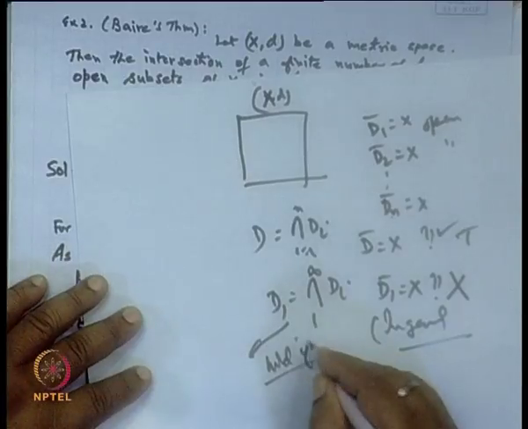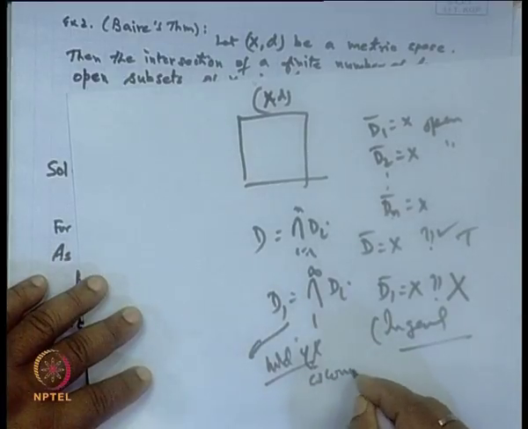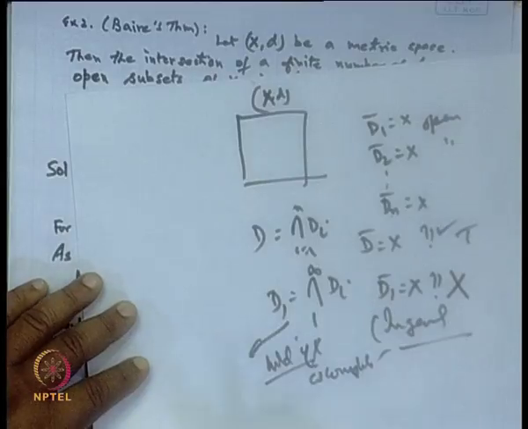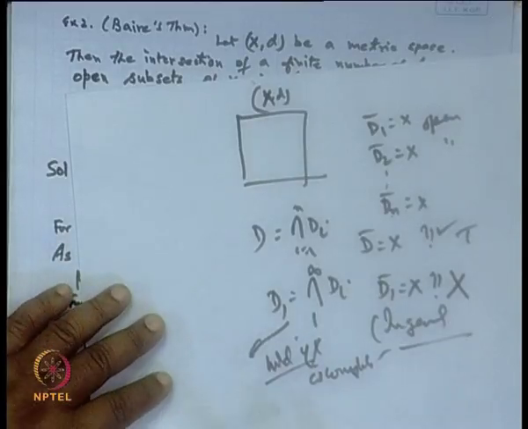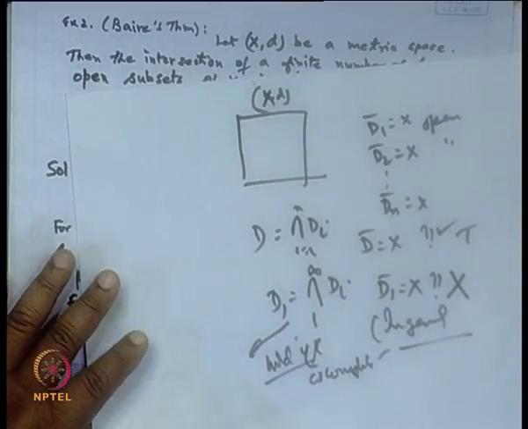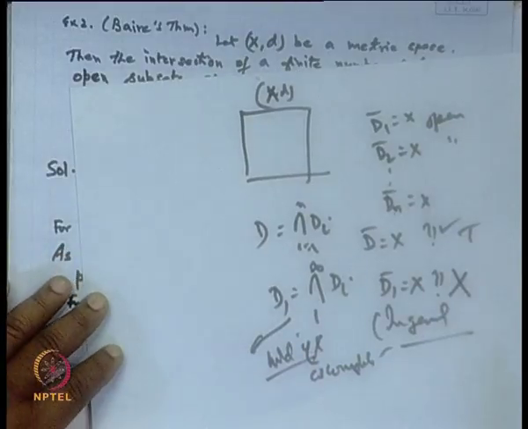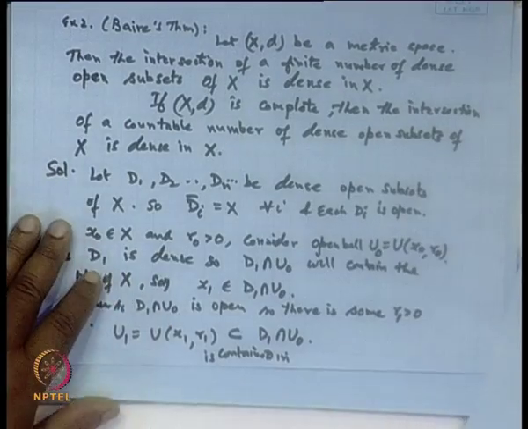That is a very interesting result, in the sense that one can without any hitch take a sequence of dense open sets, find the intersection, and it is guaranteed to be non-empty; the closure will be the entire space X. So the proof runs like this.